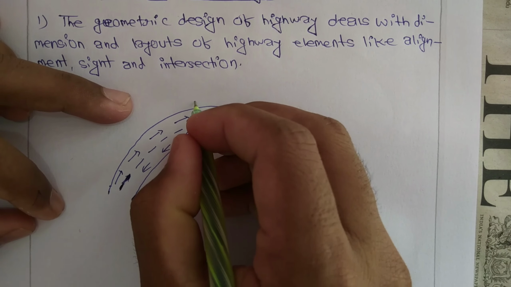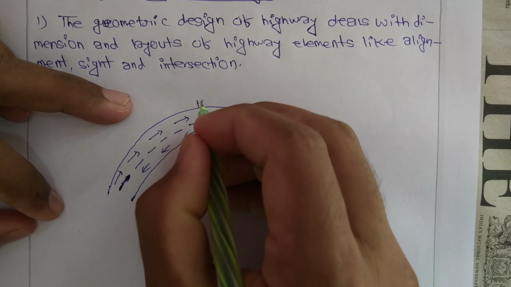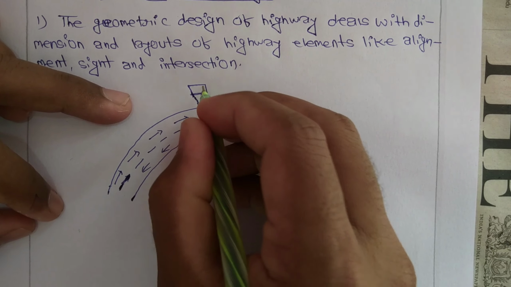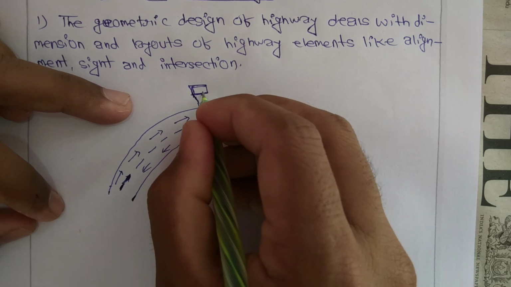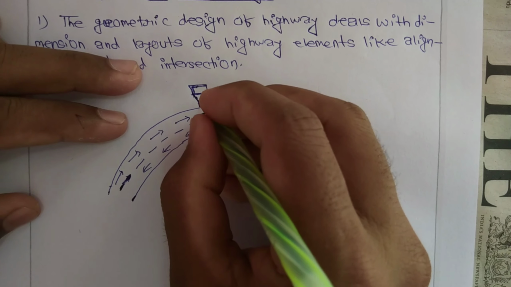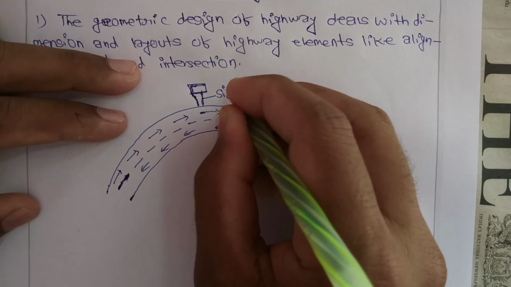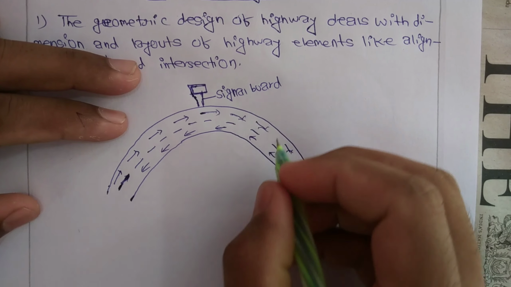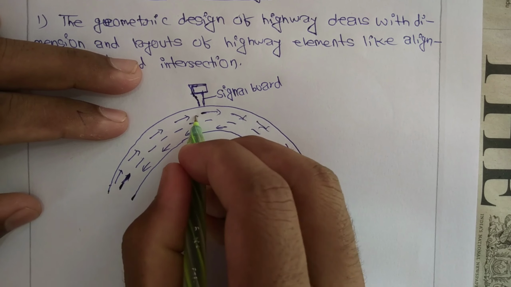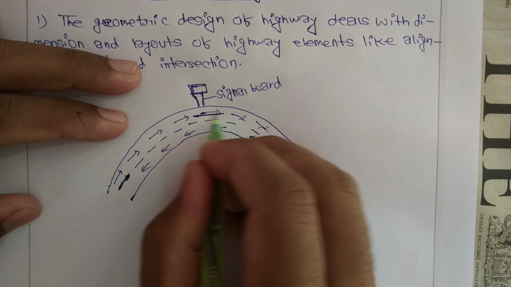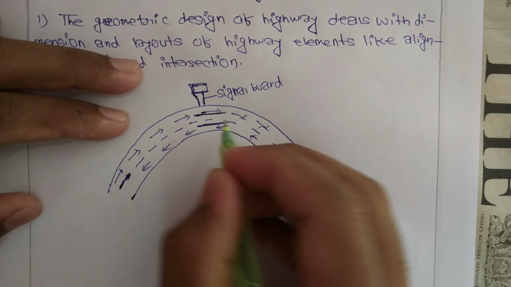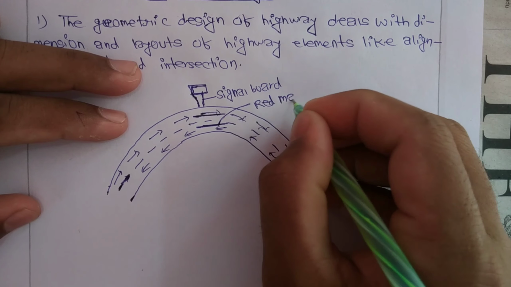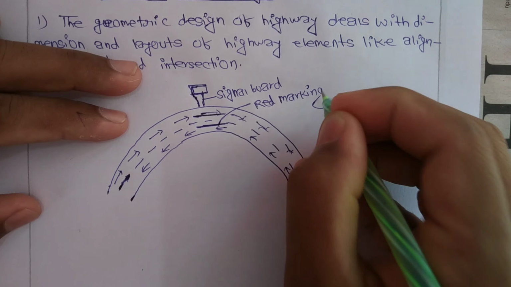So in this position there will be signal board. This is signal board. In this peak point there will be red mark on the road. This is red mark. You can say a red marking.